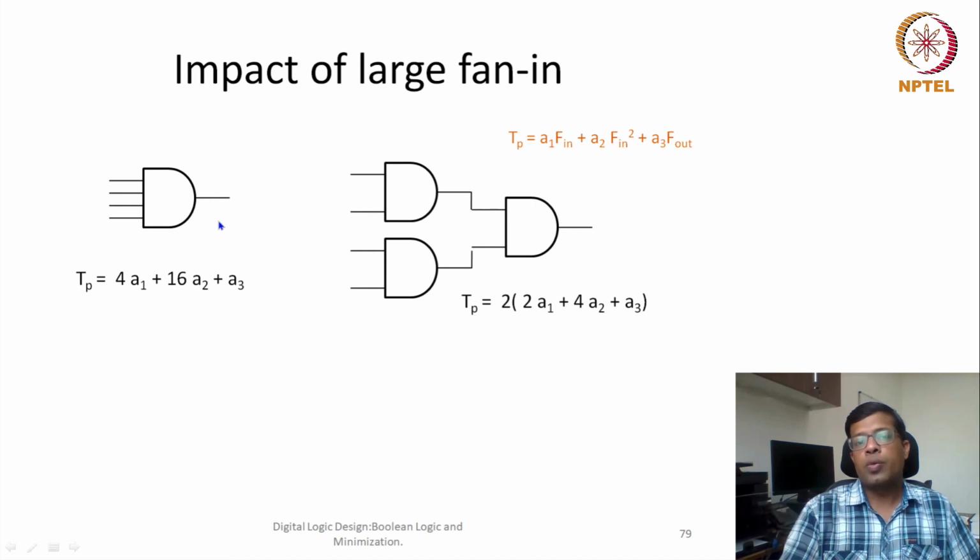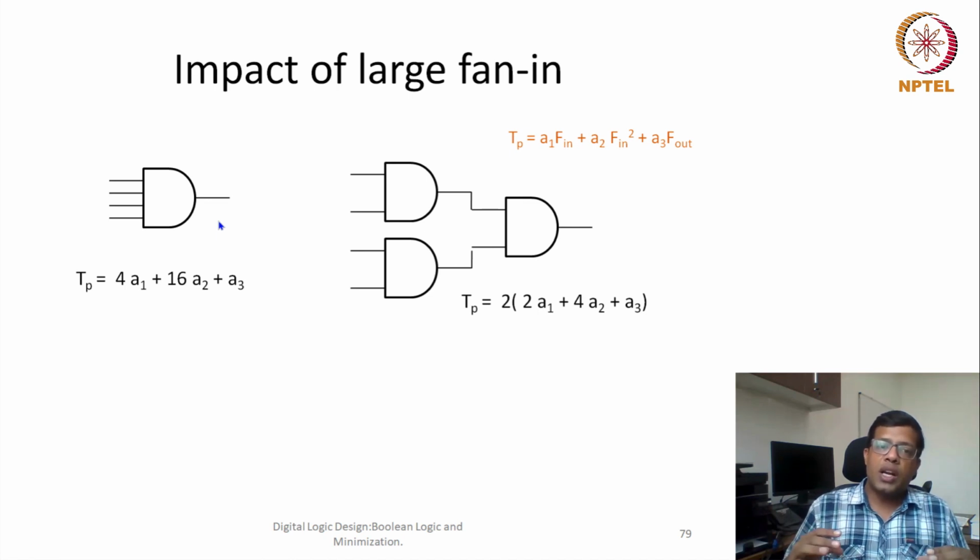Okay, so what does it mean? It means that if my number of inputs is large, it seems that it is better if I break that particular gate into smaller gates with multiple stages.